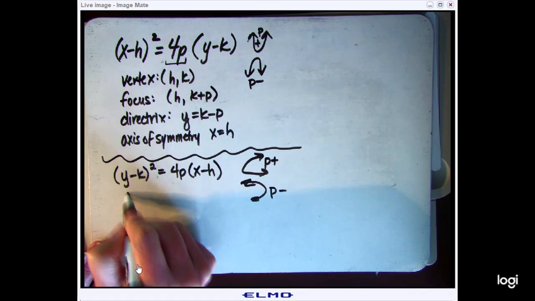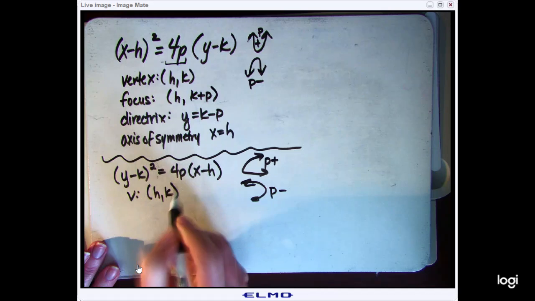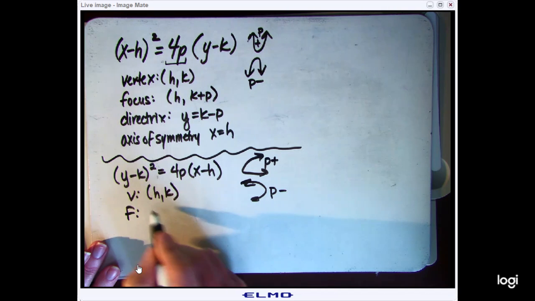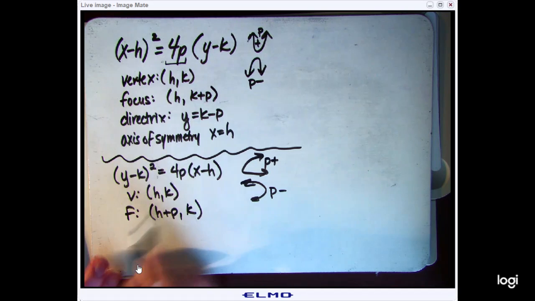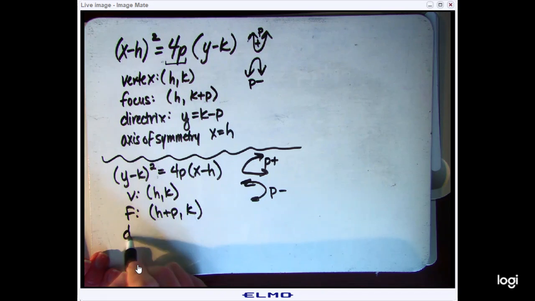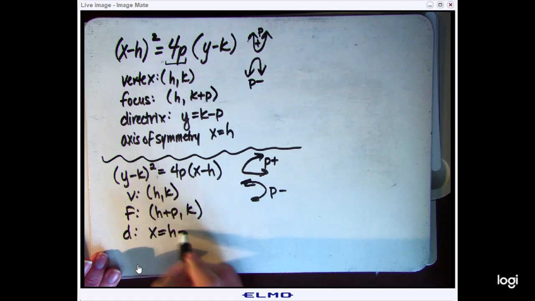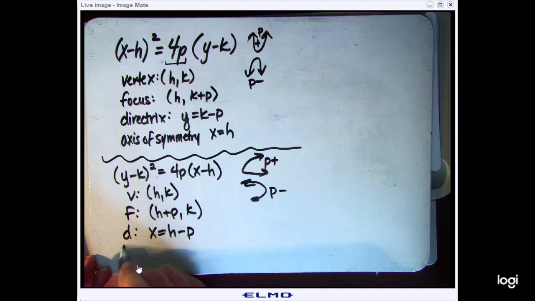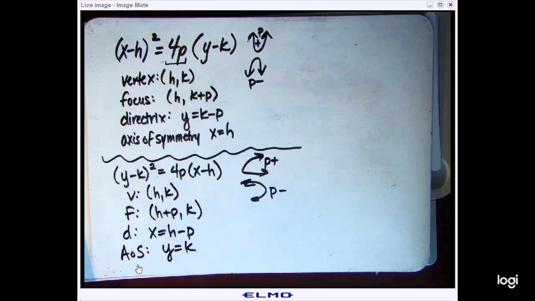Your vertex is at (h, k). Your focus is at (h plus p, k). And again, I promise I'm going to teach you how to do these. Your directrix is x equals h minus p, and your axis of symmetry is at y equals k. Pause that if you need to for a second and get those all written down.